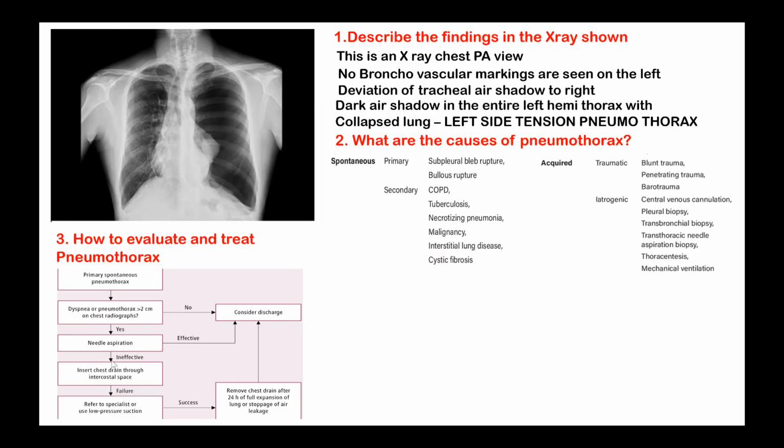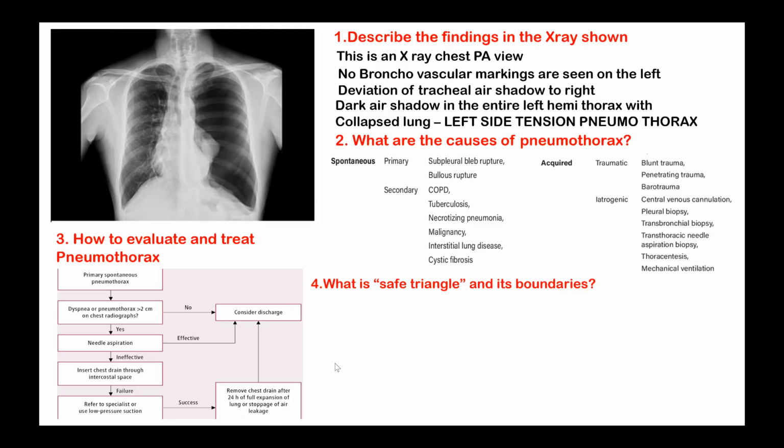But if it is not effective and the volume of air collected is very high, insert a chest drain through the intercostal space, and if it is not immediately successful, refer to a specialist for use of low pressure suction. And if it is successful, remove the chest drain after 24 hours after full expansion of the lung, and when the patient is symptomatically free without dyspnea or any other problem and hemodynamically stable, then you can discharge. So this is the flow chart that is to be followed.